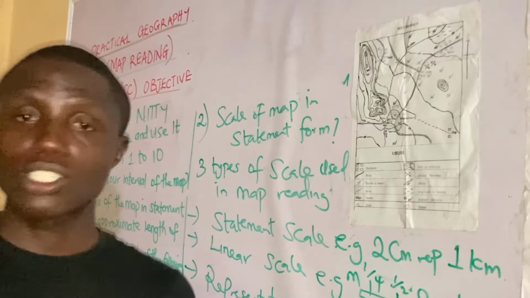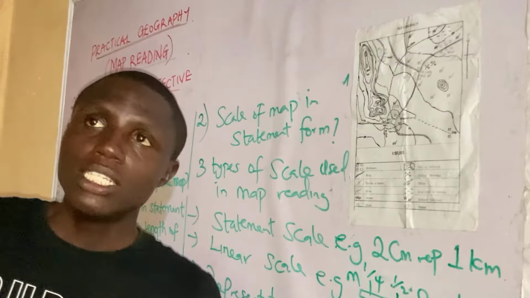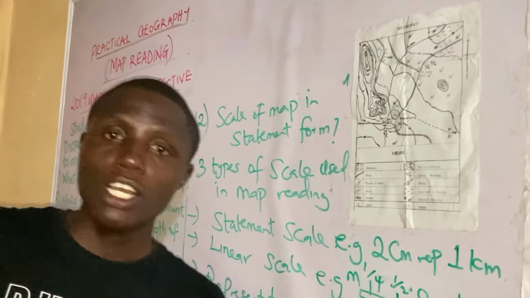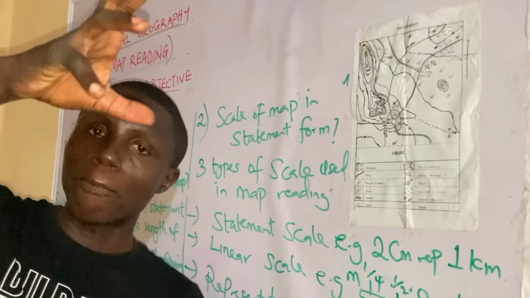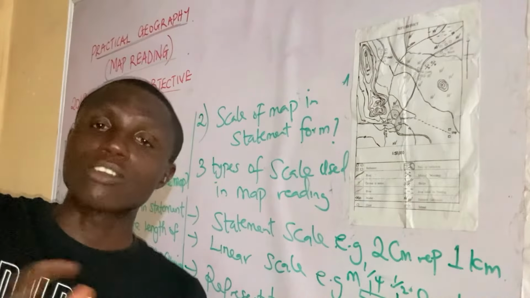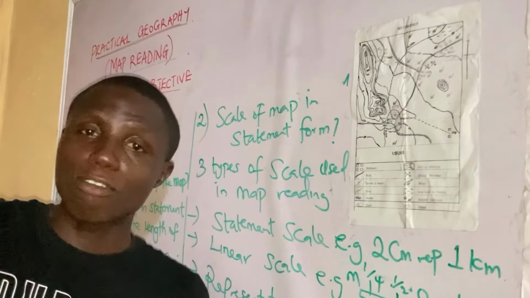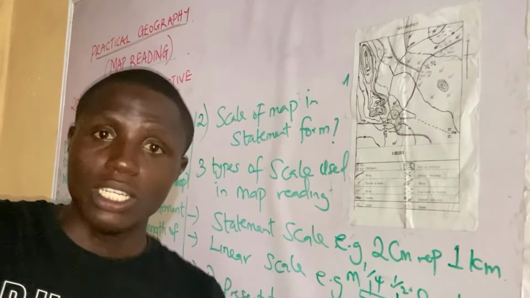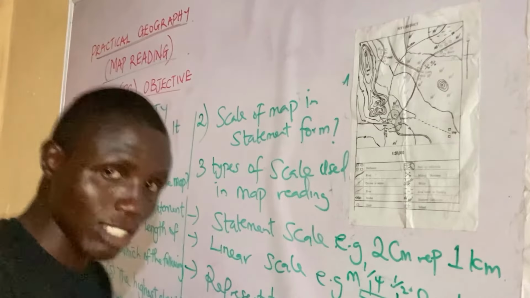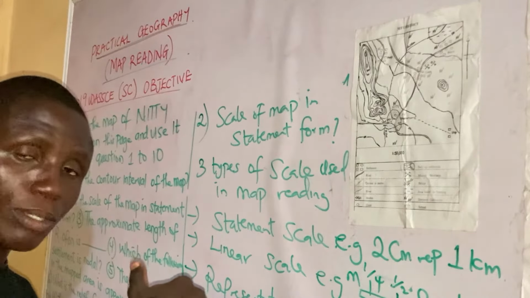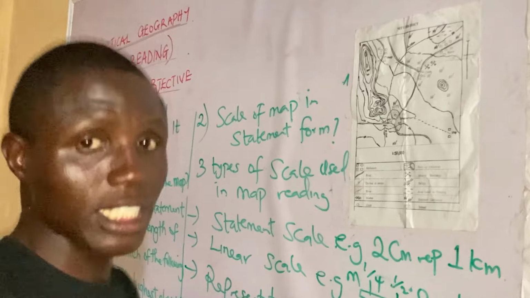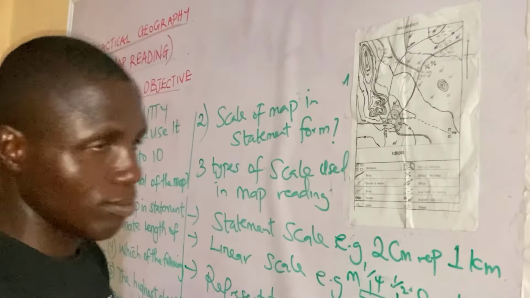Now this makes use of ratio or fraction. That is, in this type of scale, the distance on the map and the distance on the ground are expressed in the form of a ratio to each other. That is, the distance on the map to the distance on the ground.